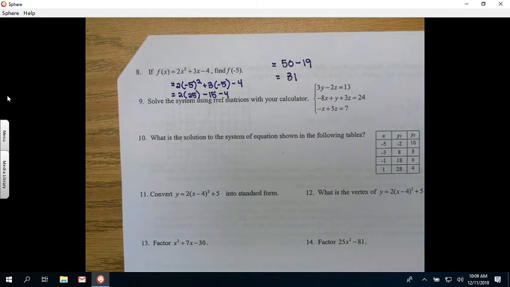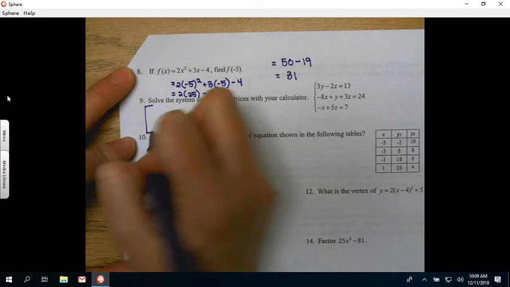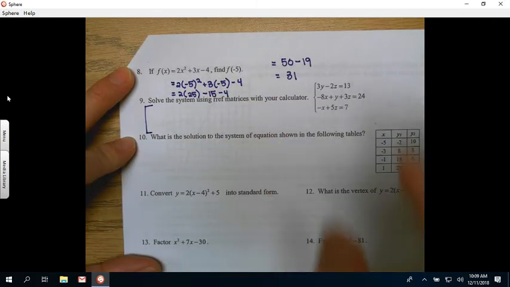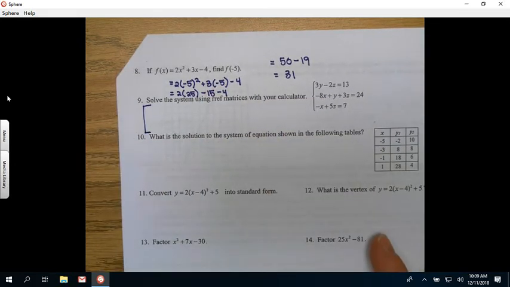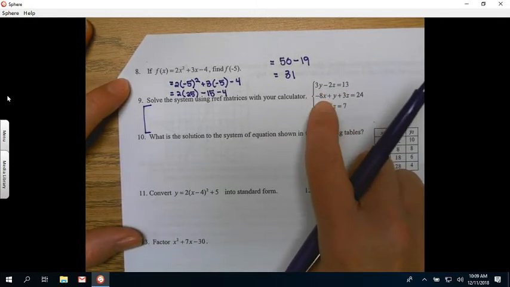All right. Number 9, we are using a calculator to solve this system of equations by putting it into our matrices. Before I put it into my matrices, I want to go ahead and set up the matrix that I would be using. Remember that if you are missing any variables, you have to put a 0 as a placeholder. So if I look at this first equation, I have a y and a z. I am missing the x.